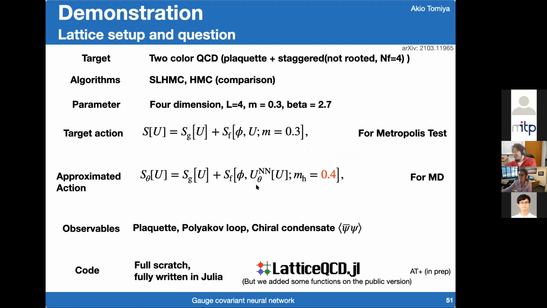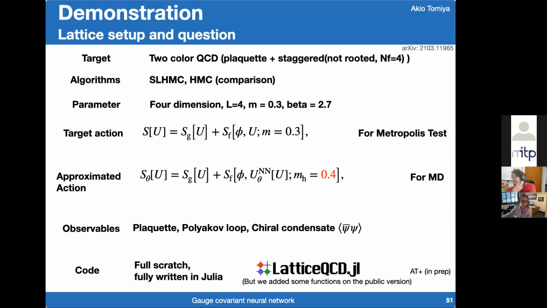If we use some regular smearing here and a neural network here, cost-wise they are almost the same, I think, because the procedure is the same. So this is just an application, just a use case of this covariant neural network.